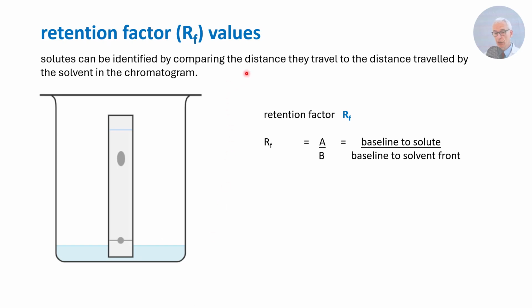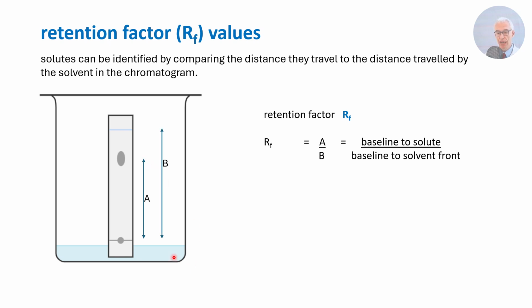Solutes can also be identified by comparing the distance they travel to the distance traveled by the solvent in the chromatogram, producing a value called the retention factor. If we look at this developed chromatogram, there's a distance between the original baseline and the center of the solute spot.